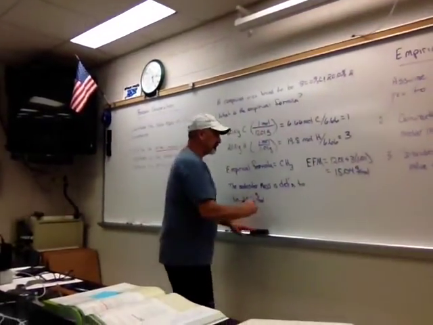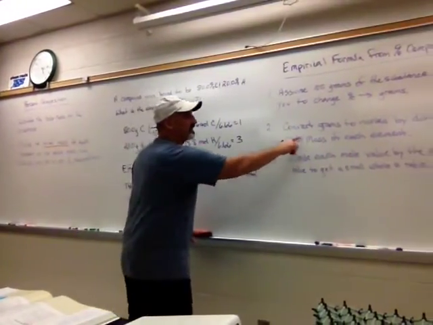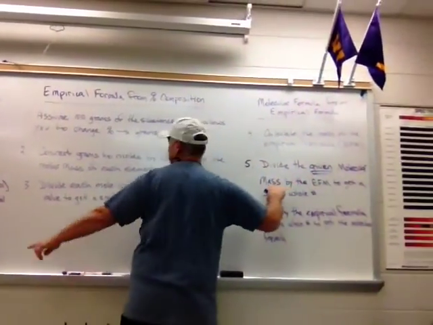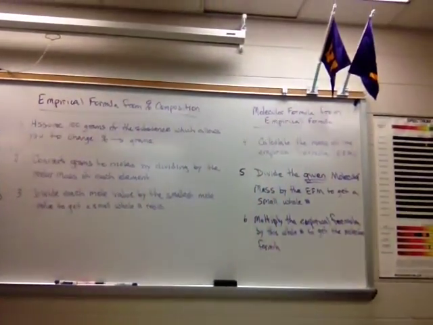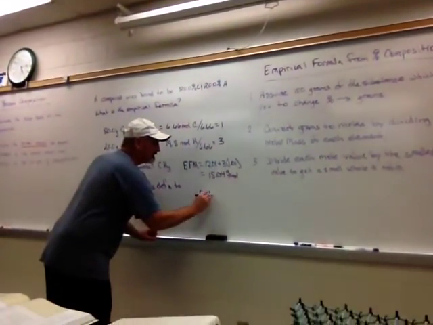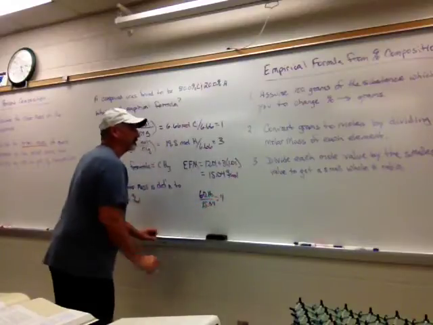What is the molecular formula? Well, now I'm going to take my given, the molecular mass, that's the 60, and divide it by the EFM. So I'm going to say 60.16 divided by 15.04. That equals 4.